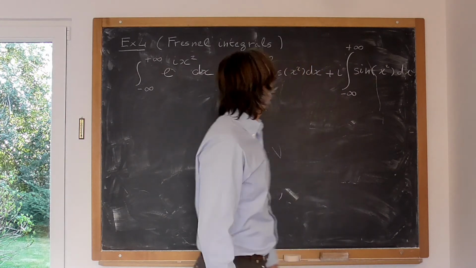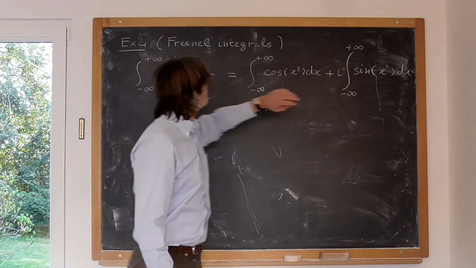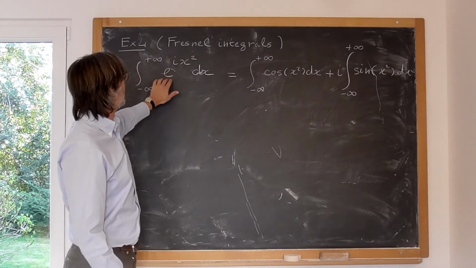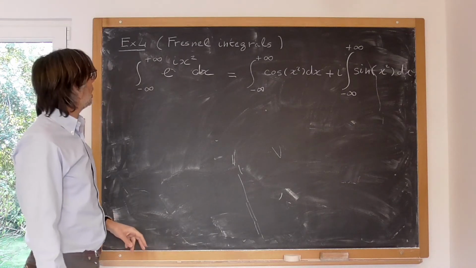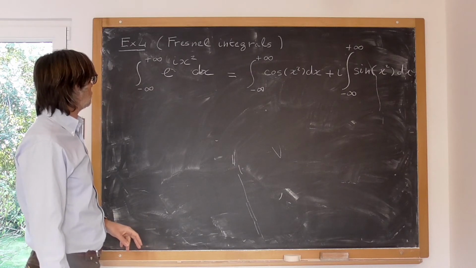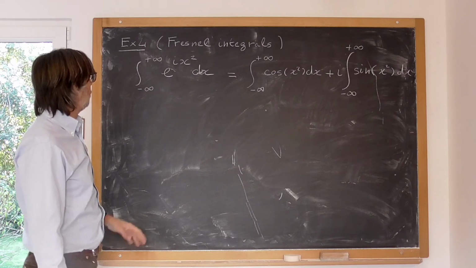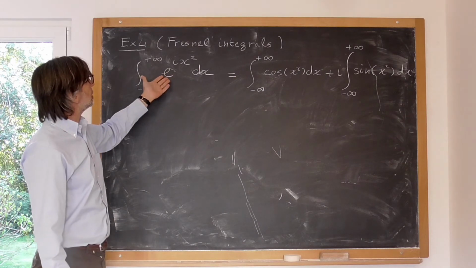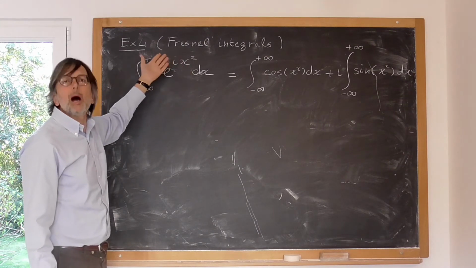Notice that this function cosine x squared, sine x squared, or the complete one e to the i x squared, they are not summable. For instance, here it's clear to see that it's not summable. If I take the absolute value of this function, this is 1.